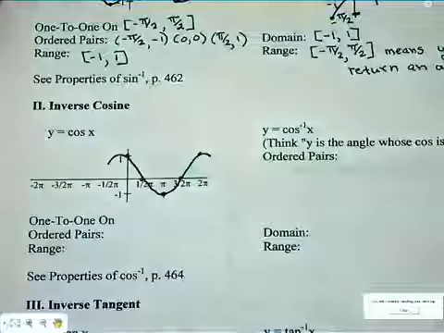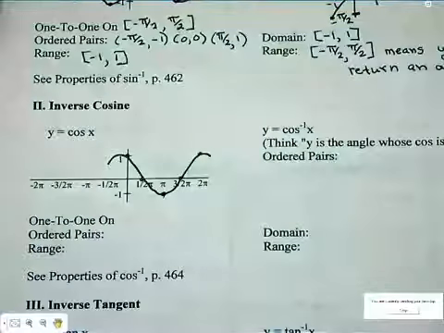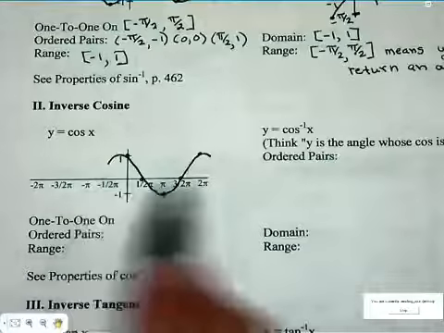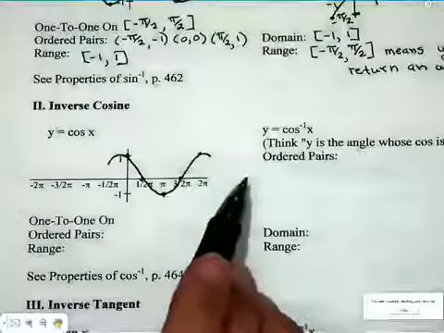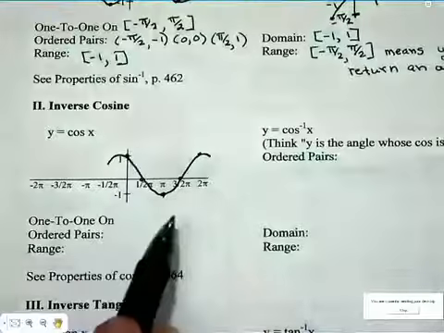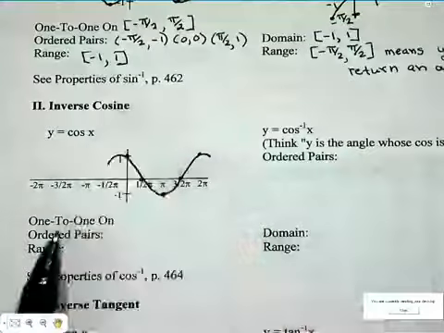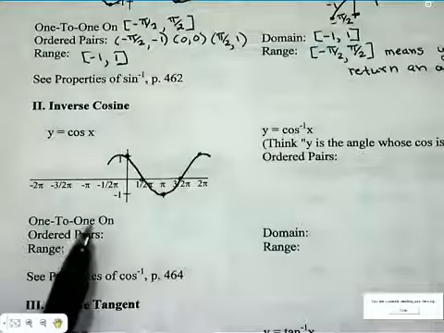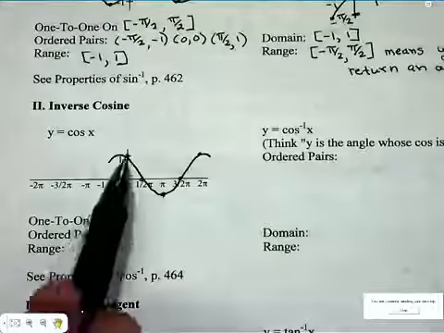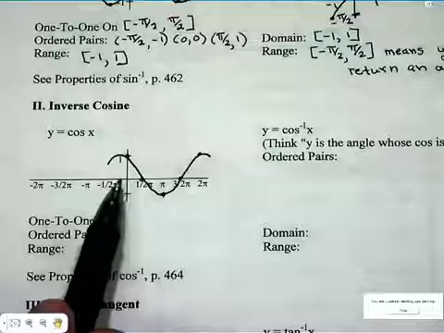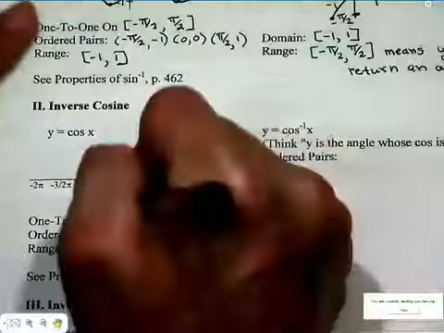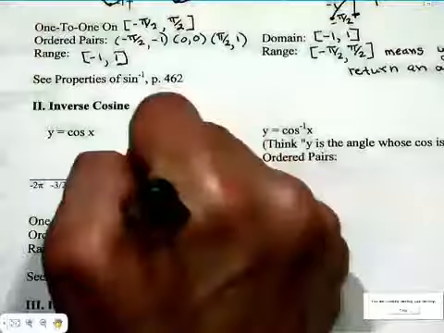But even with just that 1 period, the function's not 1-to-1. It doesn't pass the horizontal line test. So we're going to have to restrict the domain just like we did for inverse sine. It's logical to pick out a 1-to-1 chunk of that graph. It's 1-to-1 from 0 to pi. So let's use that for the restricted domain.